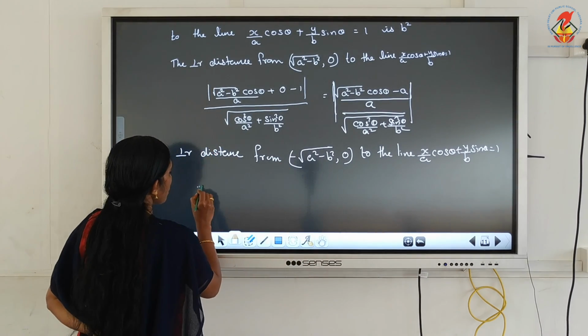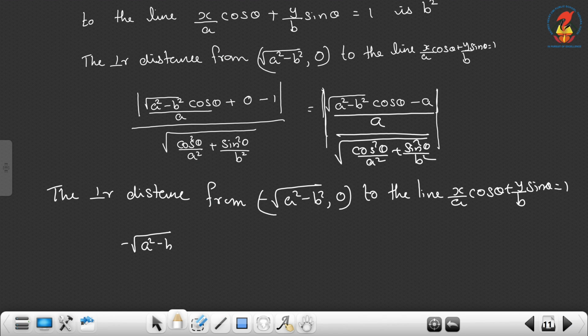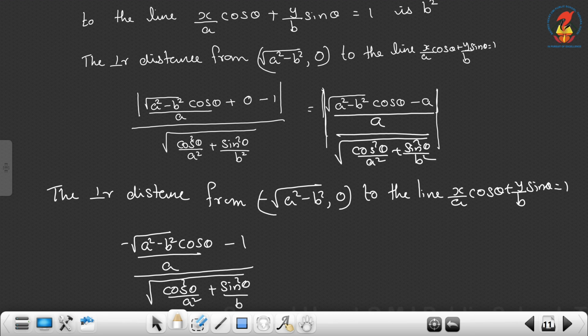So minus root of a square minus b square cos theta by a, second term 0, minus 1, by root of the coefficient of x square plus coefficient of y square, modulus.